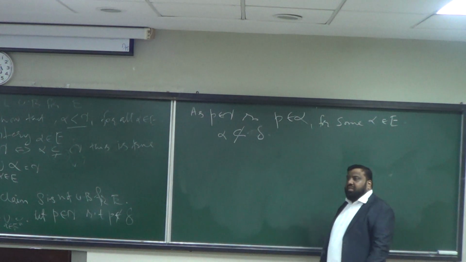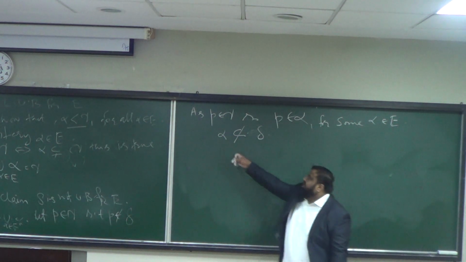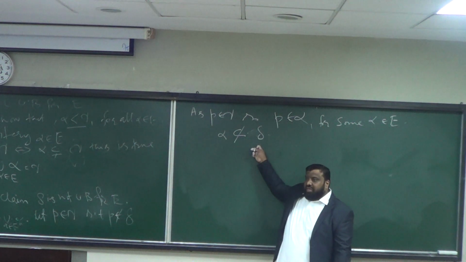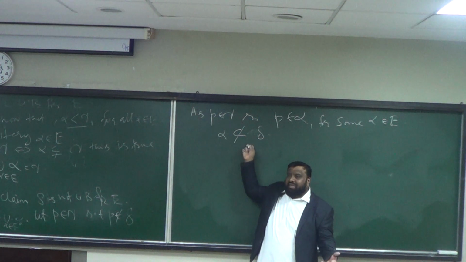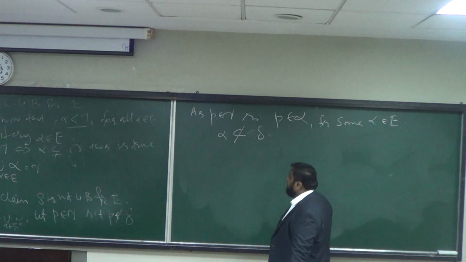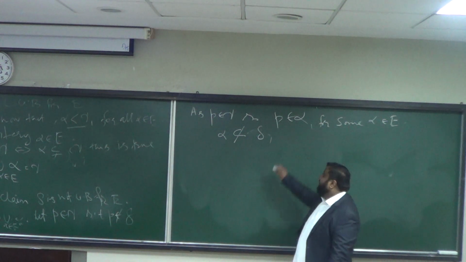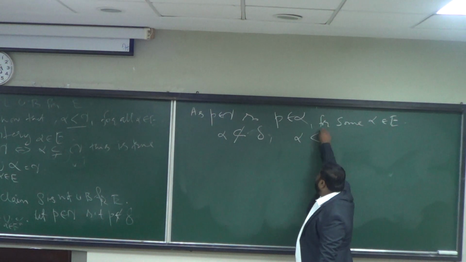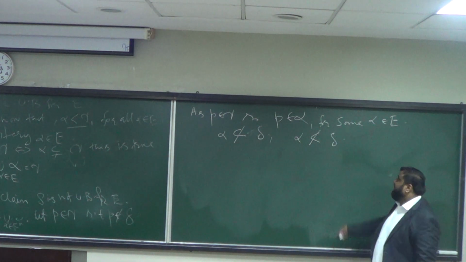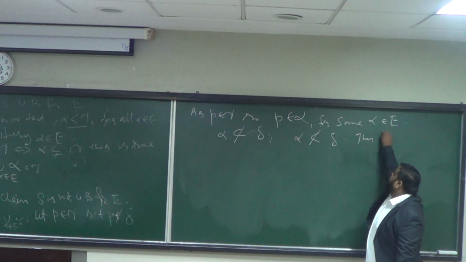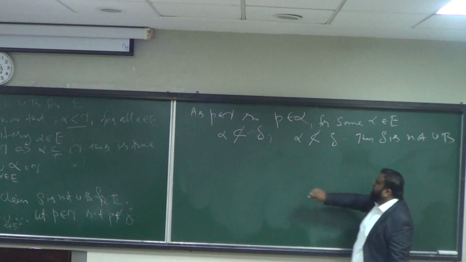Is it possible that alpha is contained in delta, but there is an element here which is not here? It doesn't make sense. So if alpha is not contained in delta, what does it show? Alpha is not less than delta. And if it is not less than delta, thus delta is not an upper bound for E.